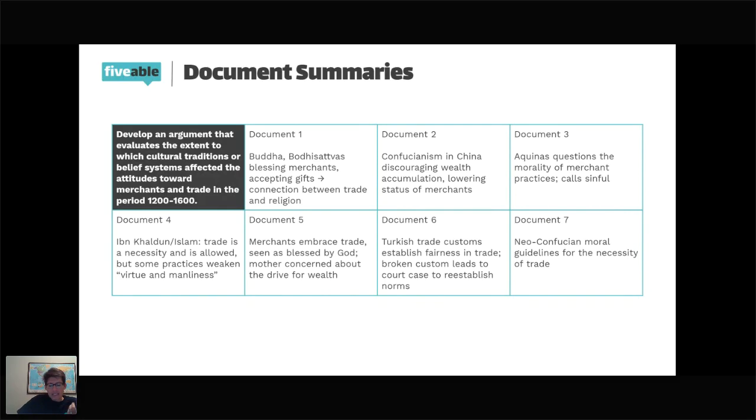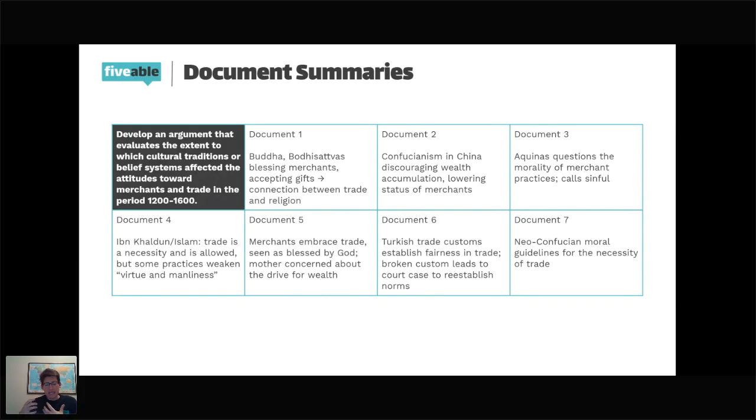sinful. He even uses that term. He says it's unjust and unlawful, and he thinks about this as something that perhaps even amounts to sin, right? Taking advantage of your fellow Christian. And we could think about early Catholicism and its prohibitions of even charging interest on loans, for example.